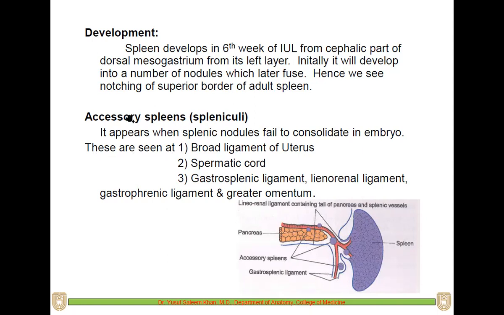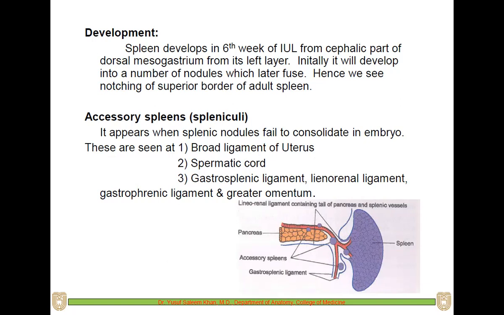These accessory spleens or spleniculi can be seen sometimes in the broad ligament of the uterus. The broad ligament of the uterus is a peritoneal fold which is in the pelvis beside the uterus. So sometimes you can see the accessory spleen there.